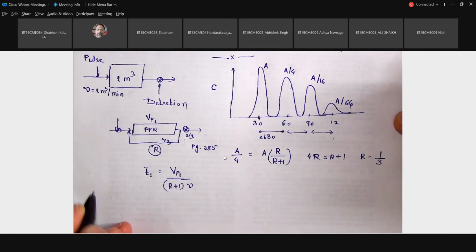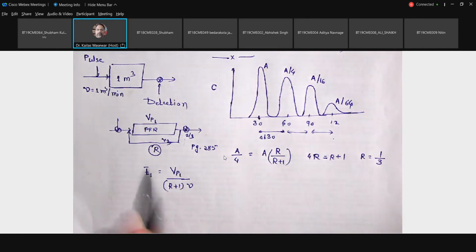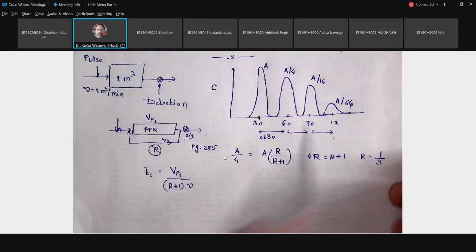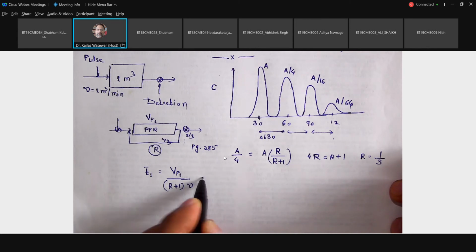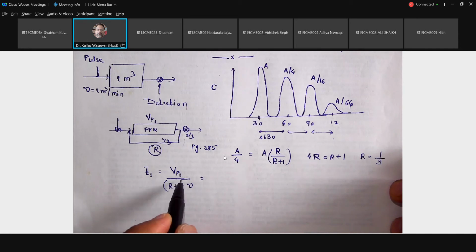We know the C curve, so based on that, because that particular amount is recycled, the flow rate will be R plus 1 into the volumetric flow rate. So it will be VP1. So this we can get.